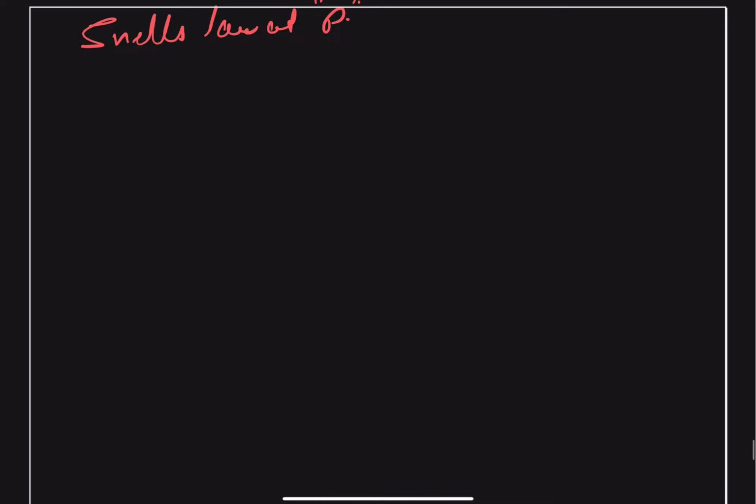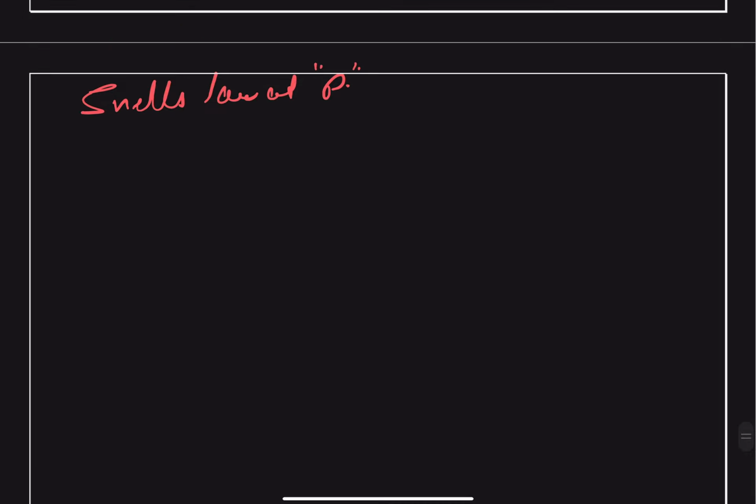So we can write Snell's law as NA sine of IA equal to NP sine of IP.